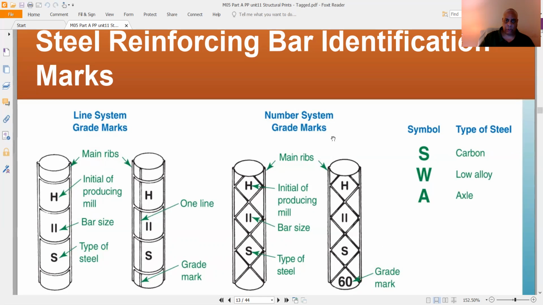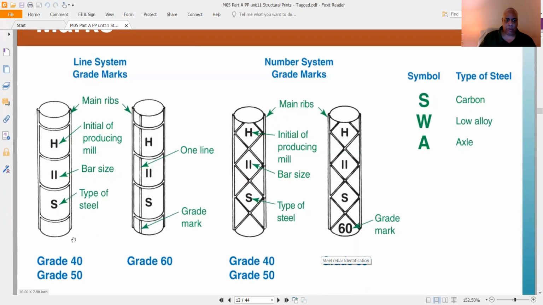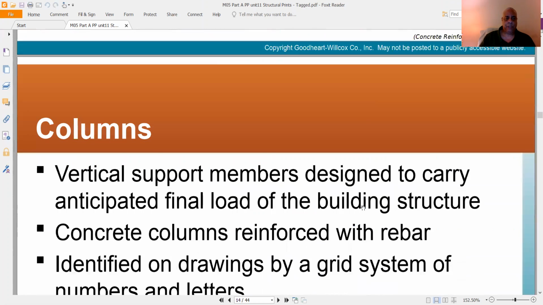These are your line system grade marks and your number system grade marks. So you have some that are grade 60 and some without a number. But basically, you have grade 40, 50, 60. Basically what you have here, when it says bar size, it's 11/8, so it's about 1 3/8 of an inch. And we're looking at carbon.